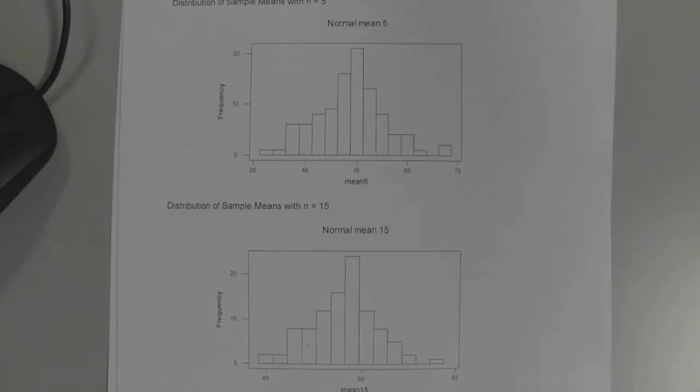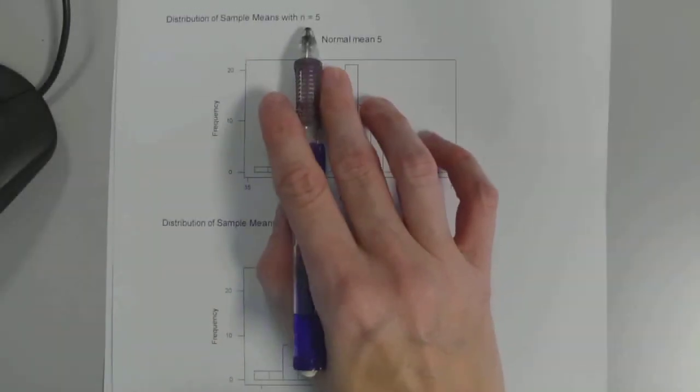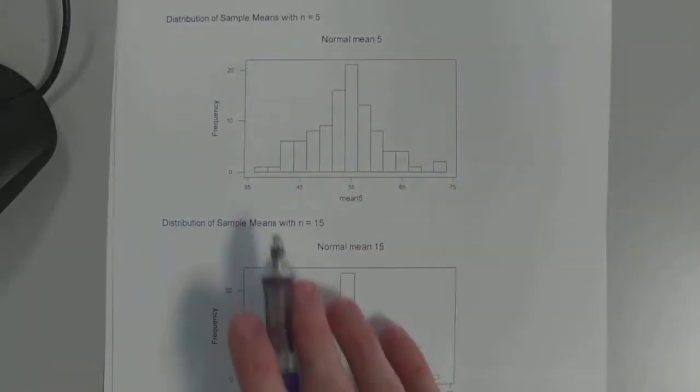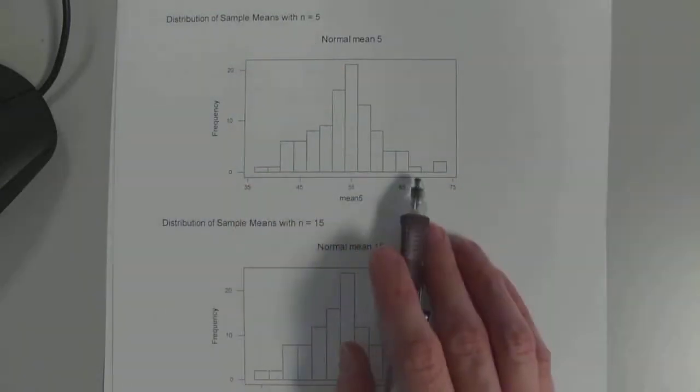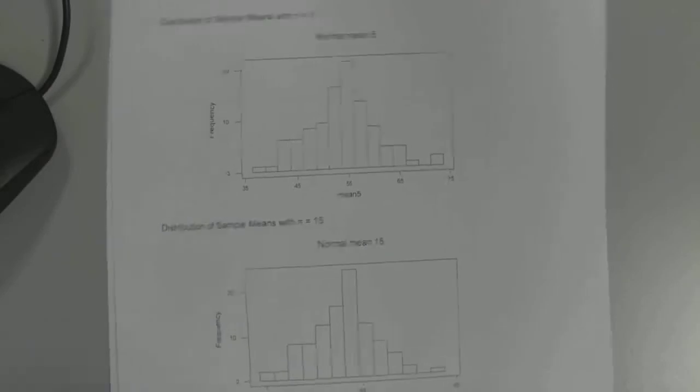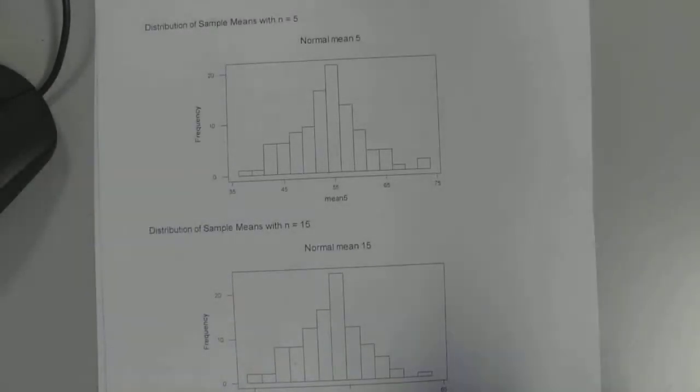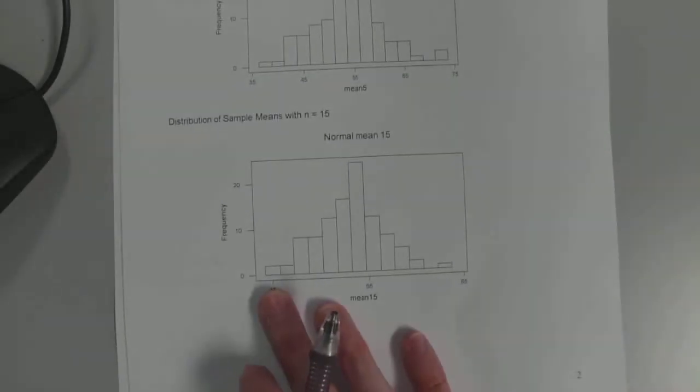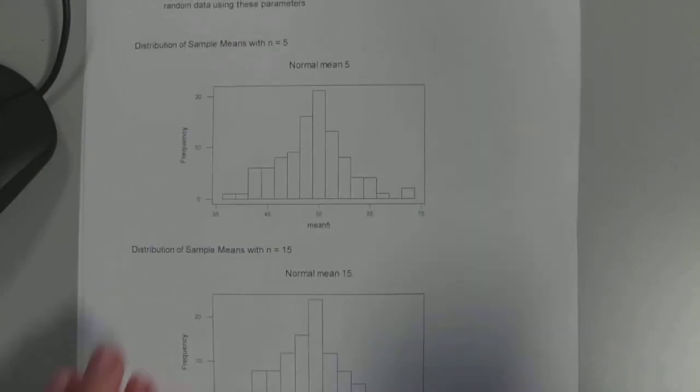So what we have to realize is when we start averaging a bunch of things, we're not going to be as extreme. We're not going to be as spread out. So all this is showing you is if you average a sample of size 5, look what the range is. It's nearly 35 to 75. But if you ask 15 people and average all of their scores, then you only range from like 45 to 65. So in a nutshell, what do we want to show?